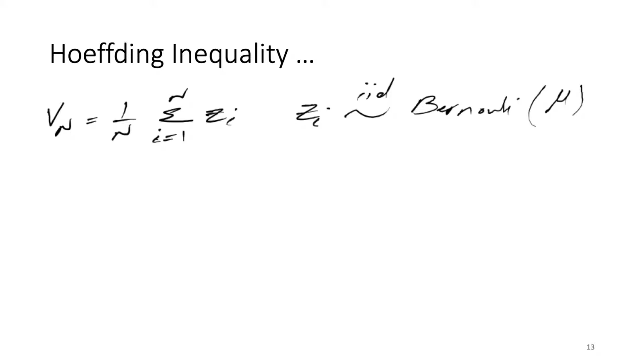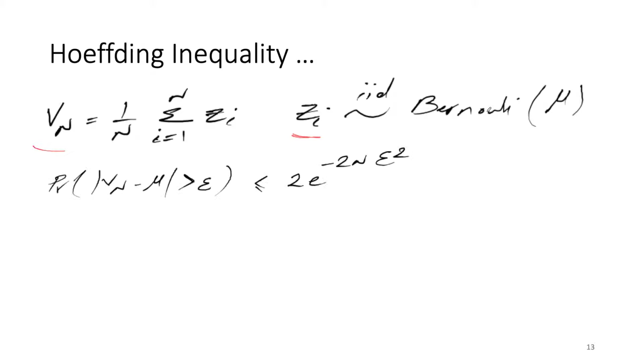Okay, so let's define it using a Bernoulli distribution. Again, Vn was defined as 1 over n, the summation of all the z's, and the zi's were coming independently from a Bernoulli distribution with the mean of mu.